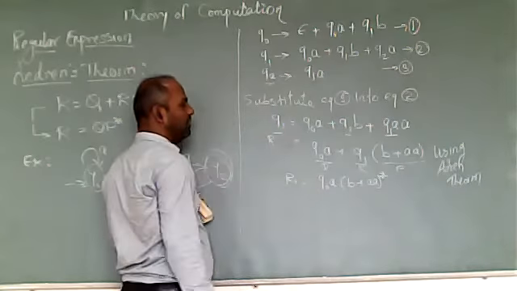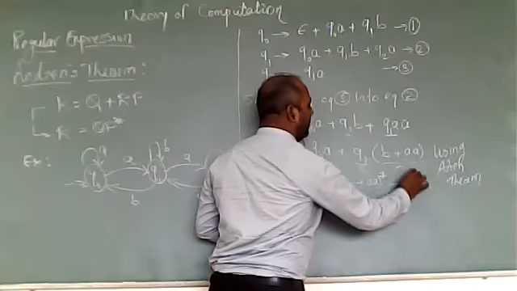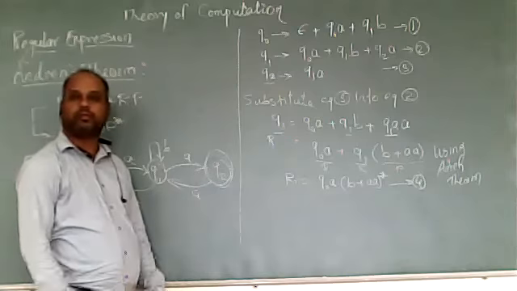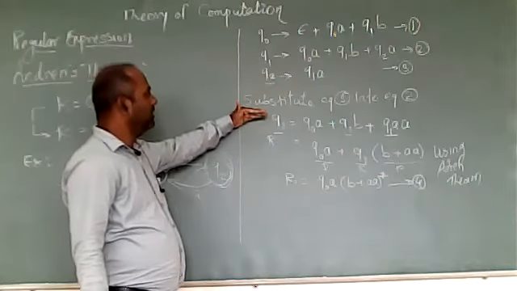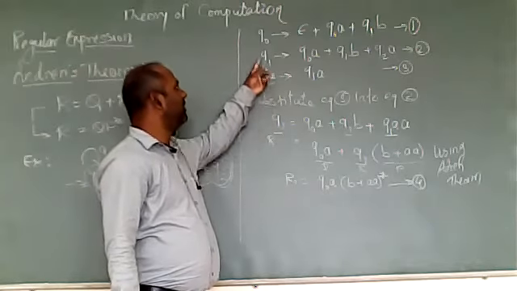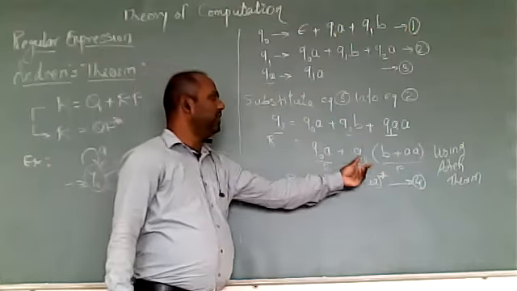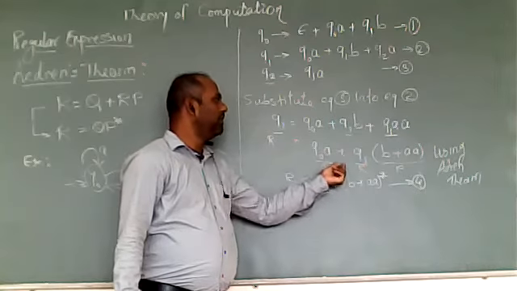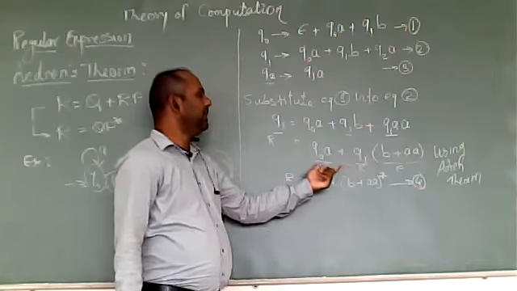This is what your Q1 is. We'll name it equation number 4. Get it? So we have replaced this Q2 into the Q1 and taken the Q1 as common. So it becomes Q0A plus Q1 bracket B plus AA.